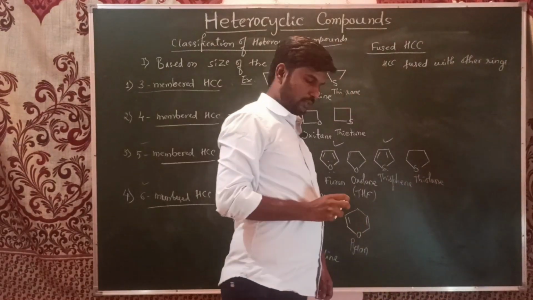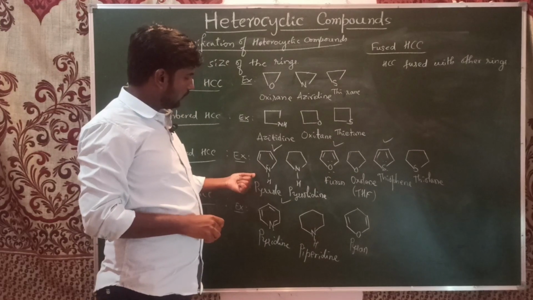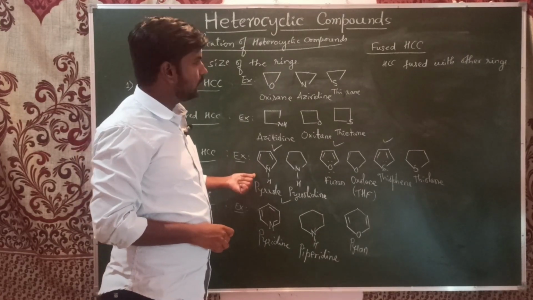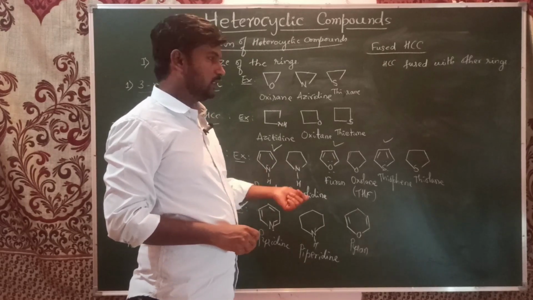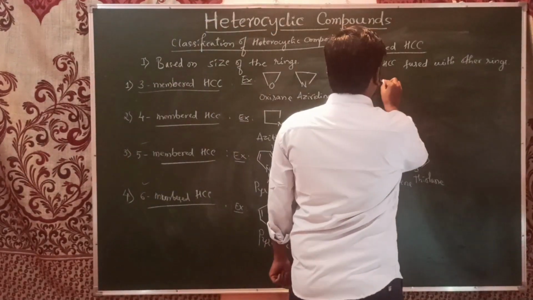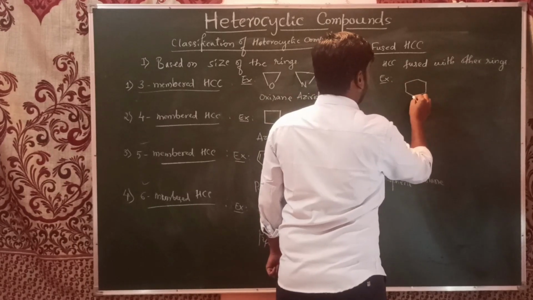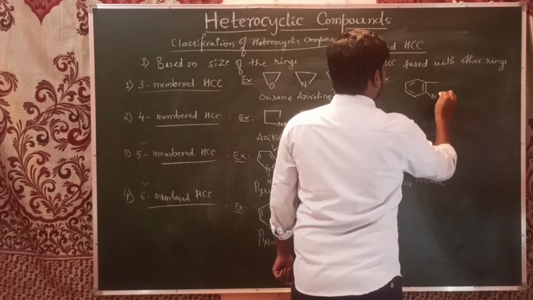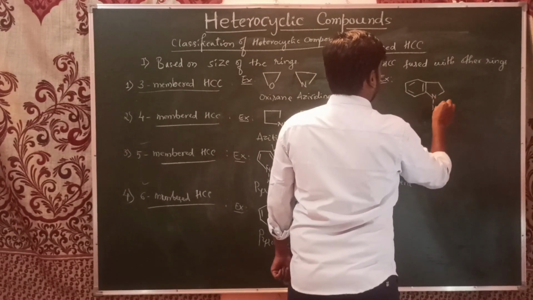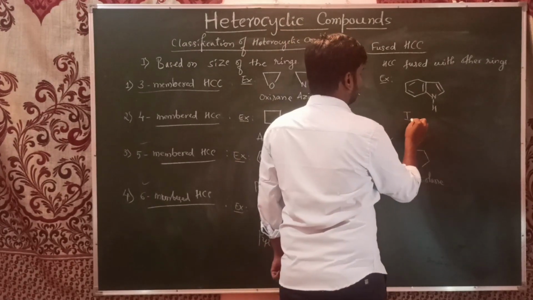For example, you can see here this pyrrole is going to be fused with benzene, and this pyridine is also going to be fused with benzene. Let's see that. For example, benzene, to which this pyrrole has been fused, this compound is known as indole.